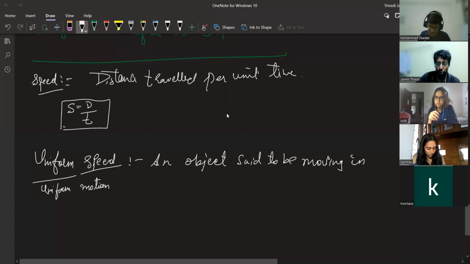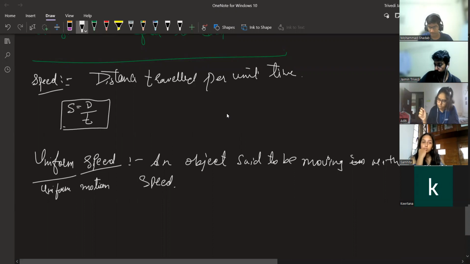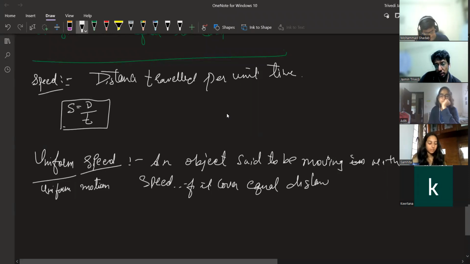Yeah, an object is said to be moving with uniform speed if it covers equal distance in equal time intervals.